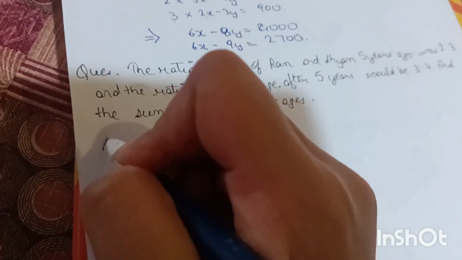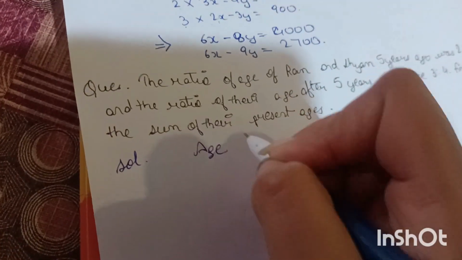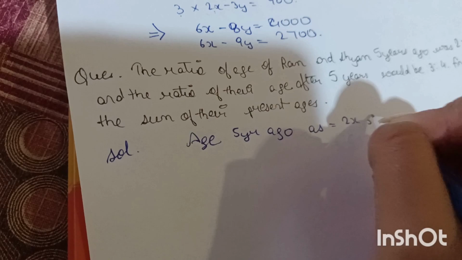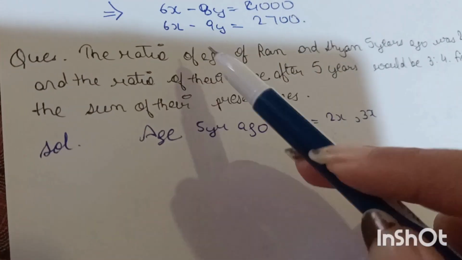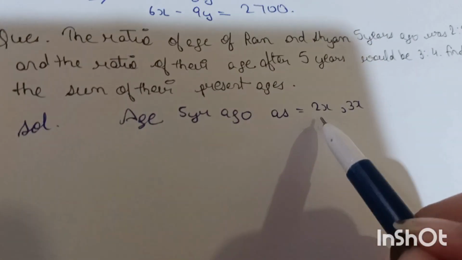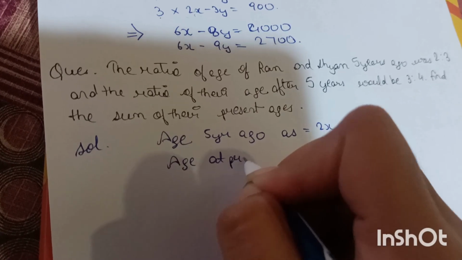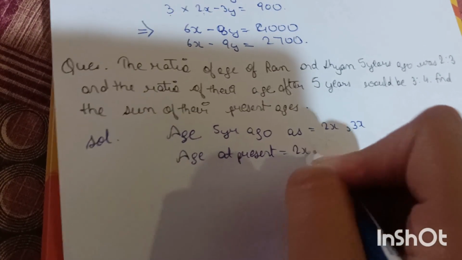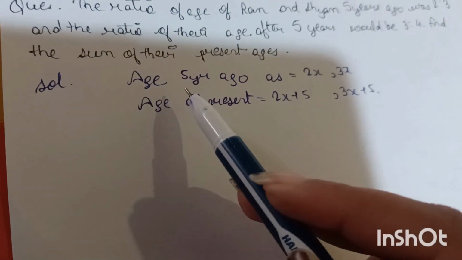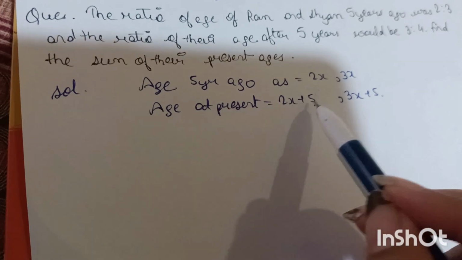So for this question, let's take the age 5 years ago as 2x and 3x. How? Because we have been given that the ages of Ram and Shan 5 years ago were in the ratio 2 to 3. So we have taken it like this, and the age at present will become 2x plus 5 and 3x plus 5, because if we add 5, we'll get the present age.